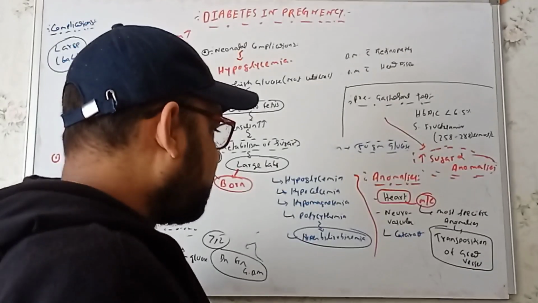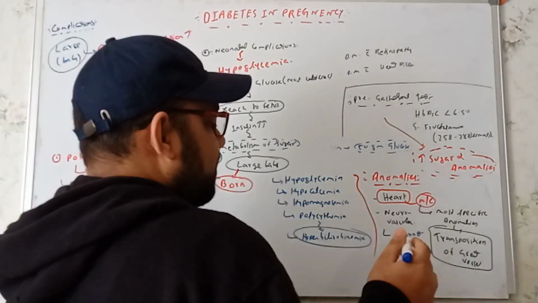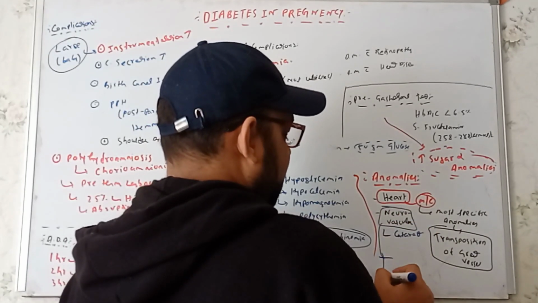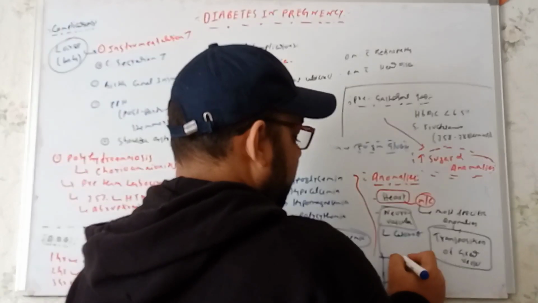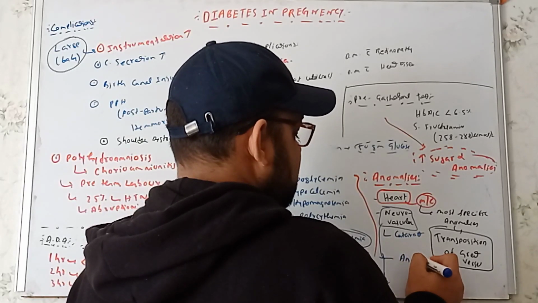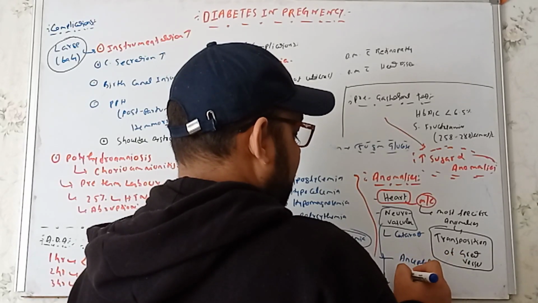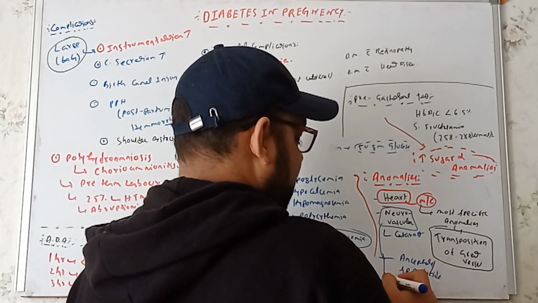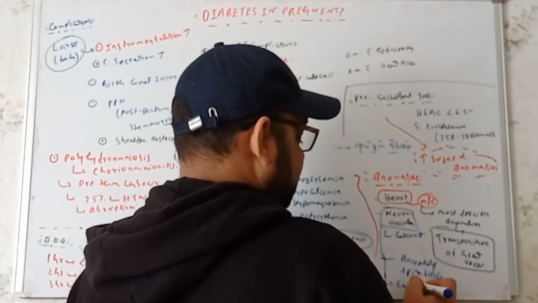Okay, what about the neurovascular problem? In terms of the neurovascular problem, we can see neurological manifestations. For example, we can see anencephaly, spina bifida, and sometimes sacral agenesis.